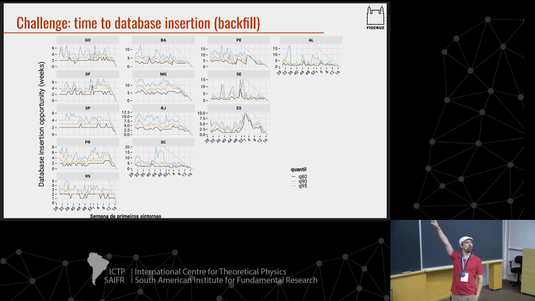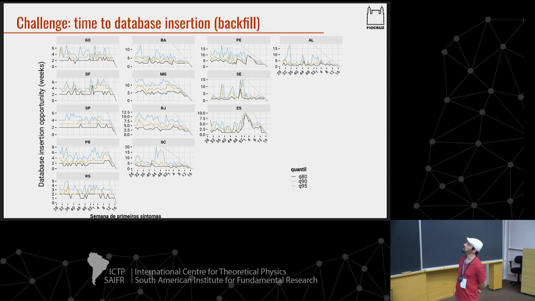Because each of those states has a different pattern. You can see, for instance, for São Paulo, after 2 weeks, we already have usually at least 80% of the cases already inserted. If we're looking at 90%, after 3 weeks we already have that much.